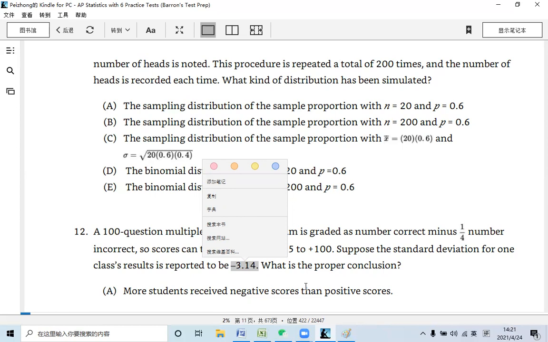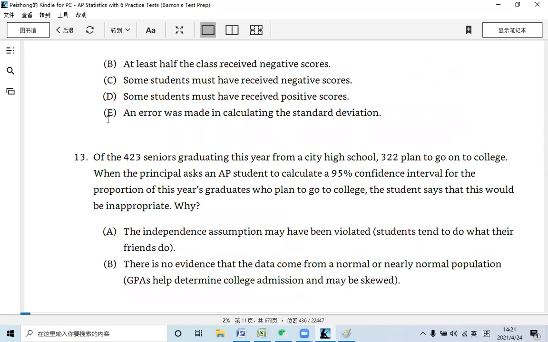The variance is based on the sum of square deviations. And then you take the square root of the variance. So every time you see these kinds of questions, you look for this one: an error was made in calculating the standard deviation because standard deviation cannot be negative.